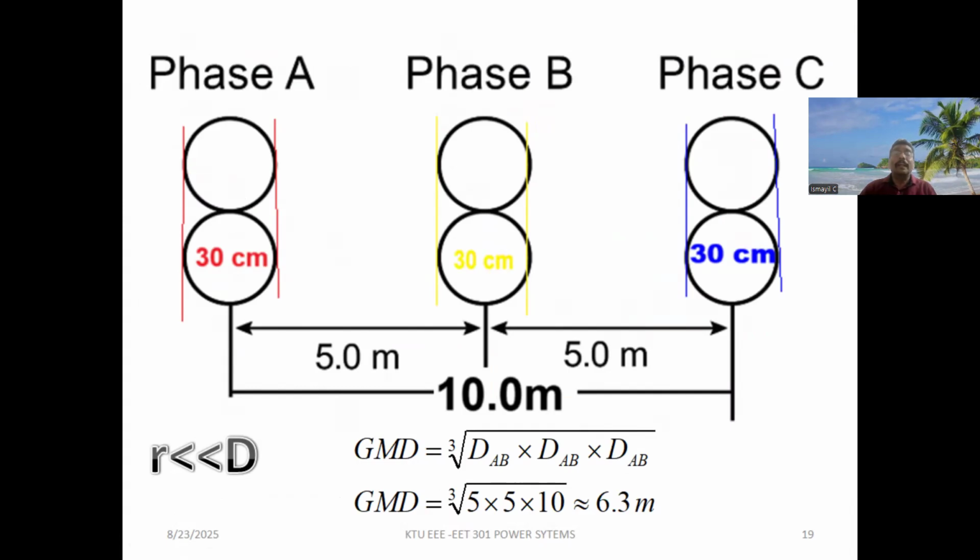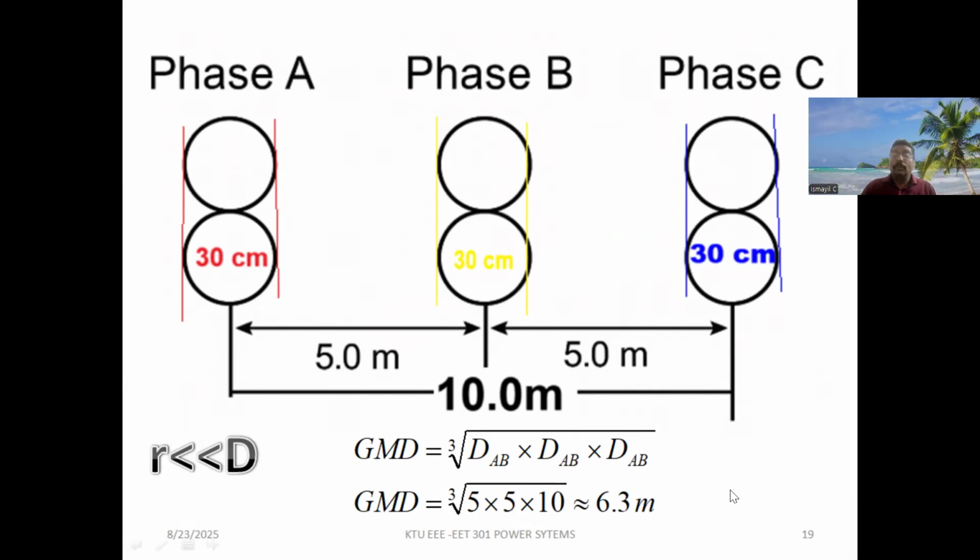Hence, we can neglect the addition or subtraction of the radius in the original distance. If we do like that, we can simply calculate GMD equal to the cubic root of DAB into DBC into DCA. Here I made a mistake. That is equal to 5 into 5 into 10, which is equal to 6.3.